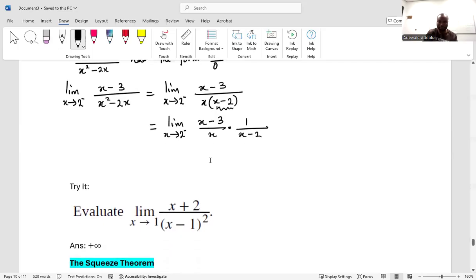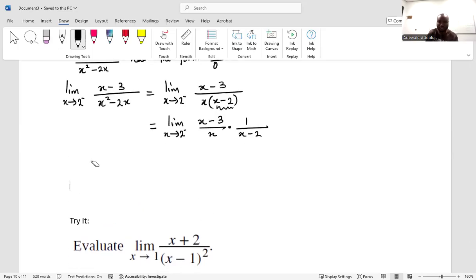Now, in this case, look at what I'm going to do. Remember from the limit laws, when I have multiplication, it can become the limit as x goes to 2 from the left of x minus 3 over x times the limit as x goes to 2 from the left of 1 over x minus 2.